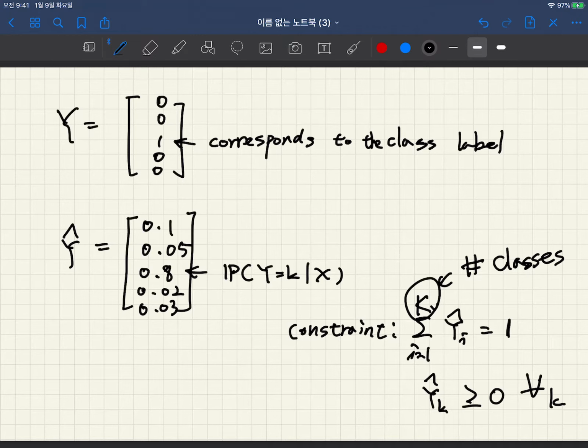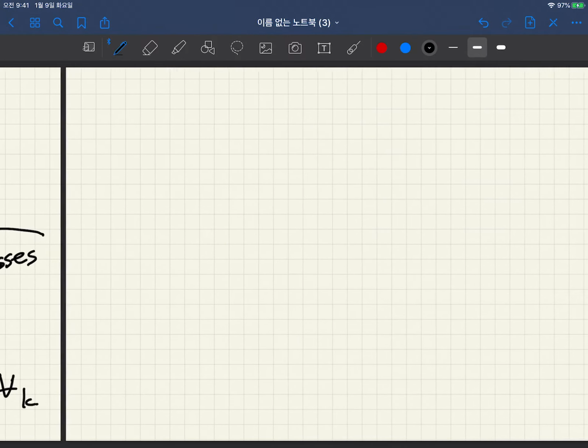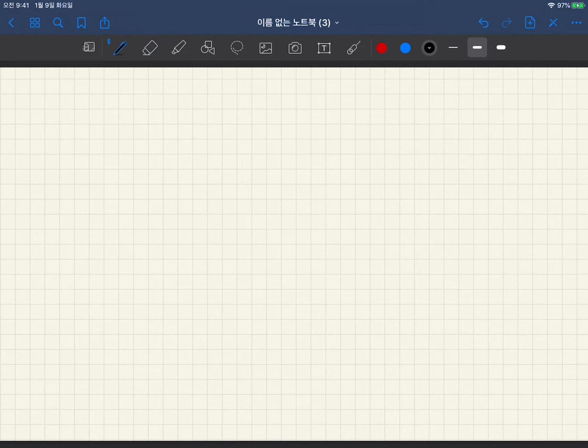But the problem is these two constraints actually make your algorithm harder. It is very, very difficult to design some learning process that satisfies some specific constraint. Okay? So many people use this special function, the softmax function.